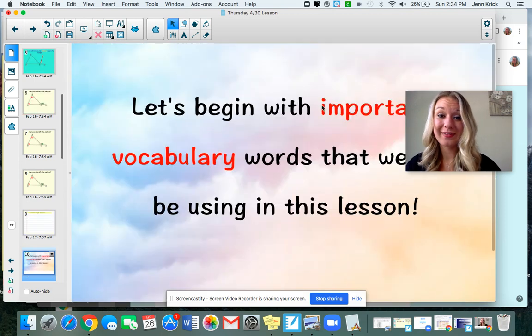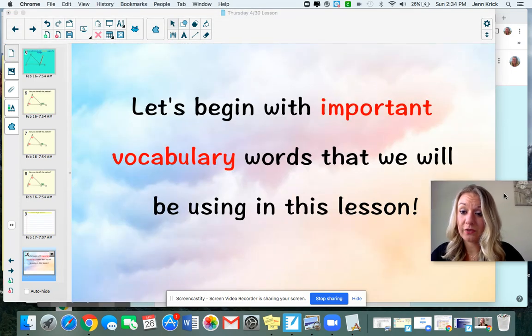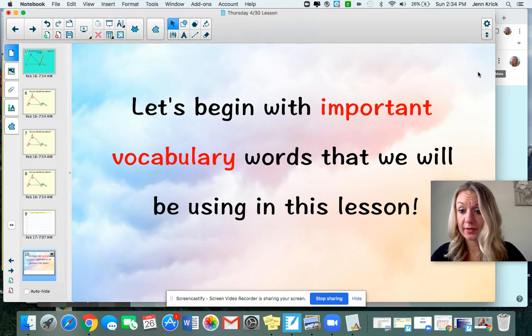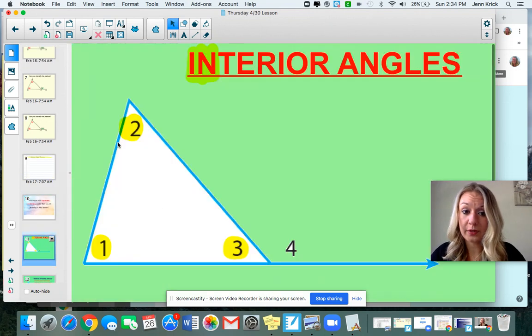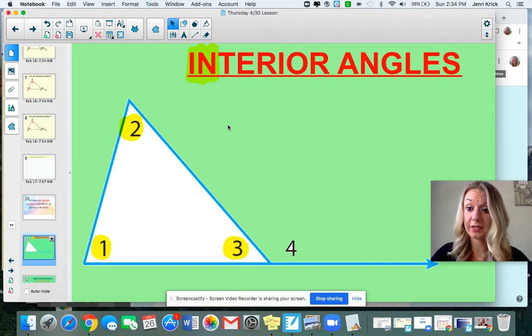So here we go. Let's get started with some vocabulary, because believe it or not, there are a few new vocabulary words from yesterday and today that we need to make sure we've covered. We know that the inside angles in a triangle, like 1, 2, and 3 here, are called interior angles because they're inside.